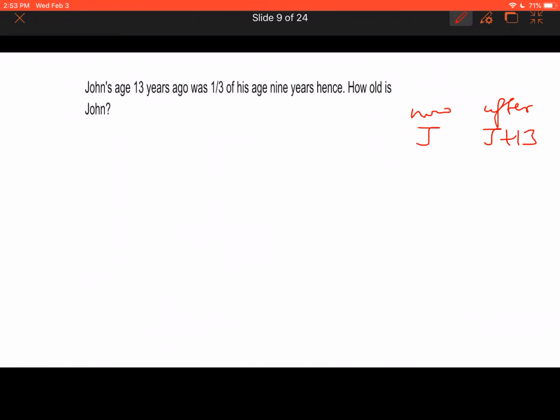So there is a relationship between this. It is going to be 1/3 of his age. What is his age? J. But another clue is there. 9 years hence.